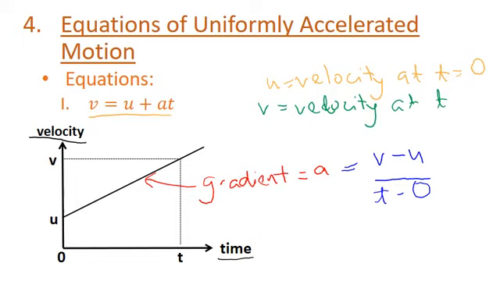What you have to look out for is this is the velocity at this particular time, and this is the velocity at this time. Now, if you do simple algebra, you will find that this equation simplifies into the more popular form of v equals u plus at.